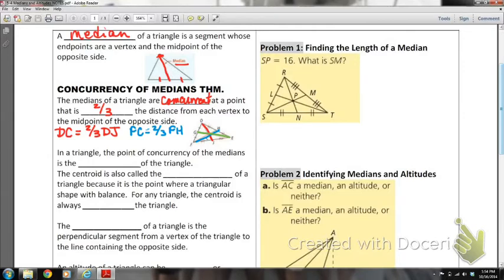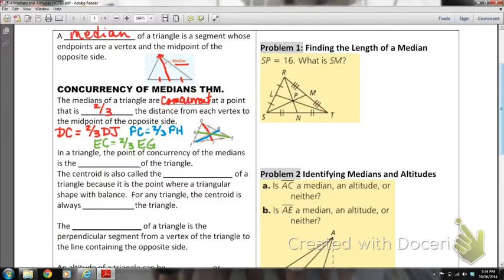So to get from E to C, EC would be 2/3 of the length of that entire median, EG. So that's the formula that we have to work with for medians and the point where they meet.